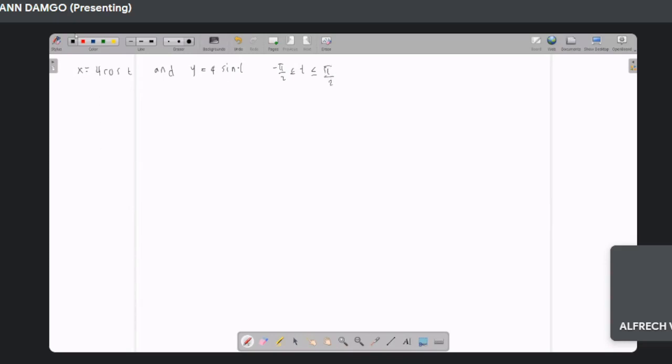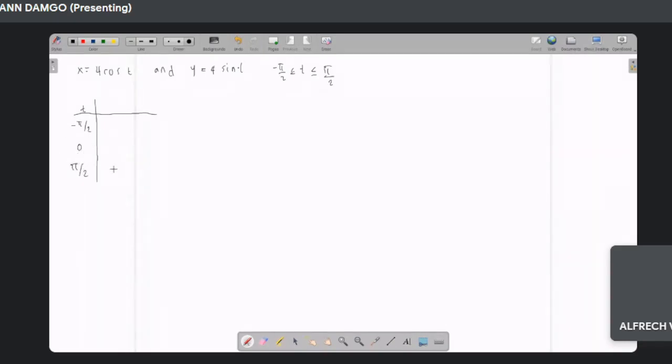Okay, first, we set the values of t. So we have negative pi over 2, 0, and pi over 2.